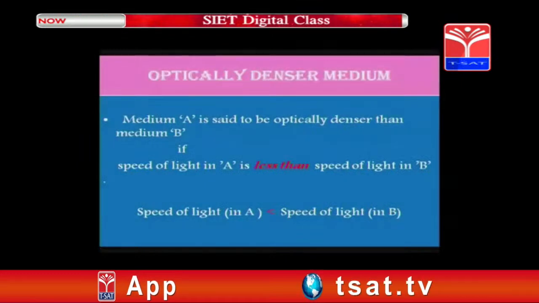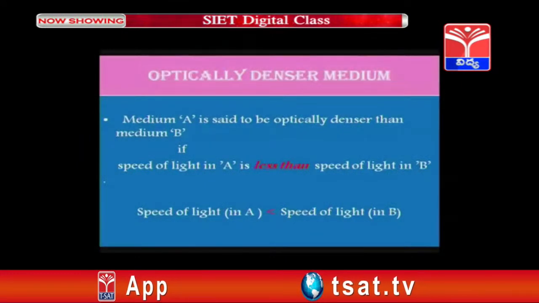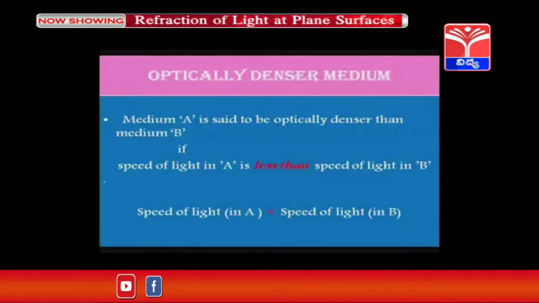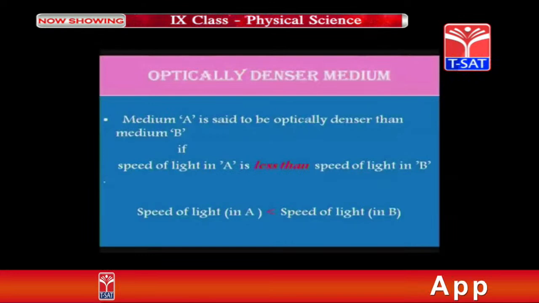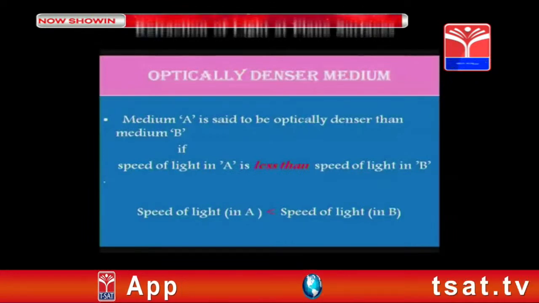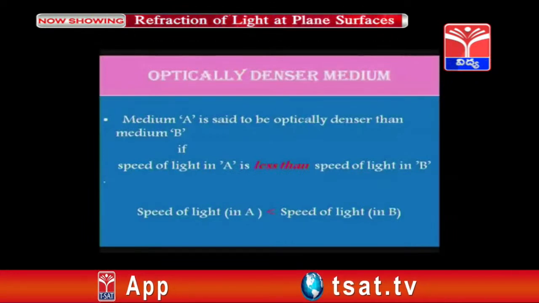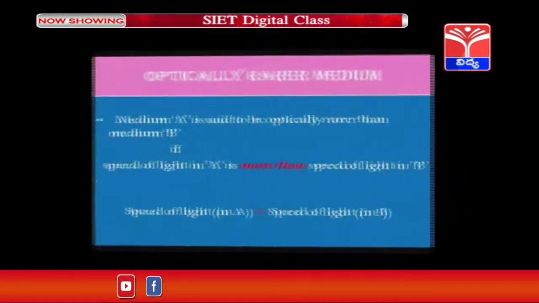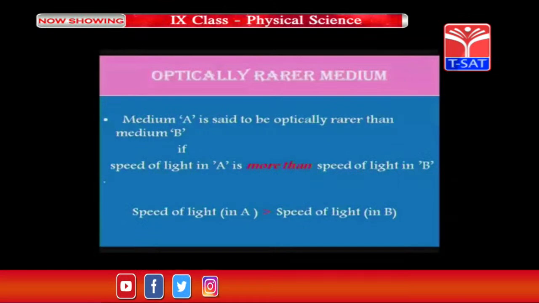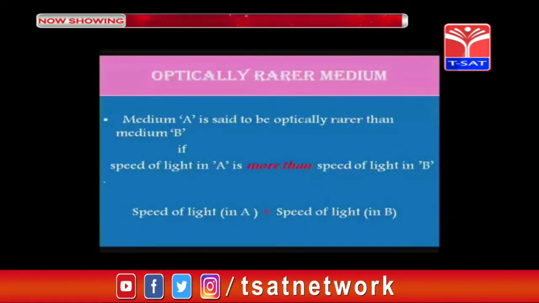Now let us understand another important technical term called optically denser medium. A medium A is said to be optically denser than medium B if the speed of light in A is less than the speed of light in B. Similarly, let us understand what is optically rarer medium.